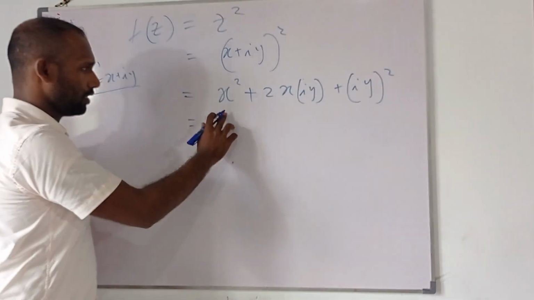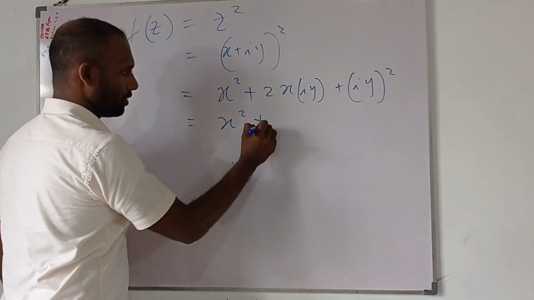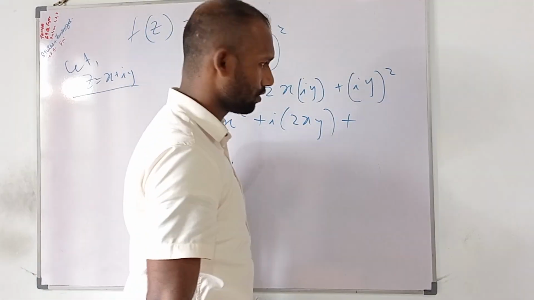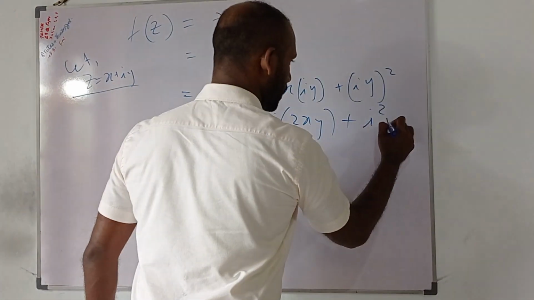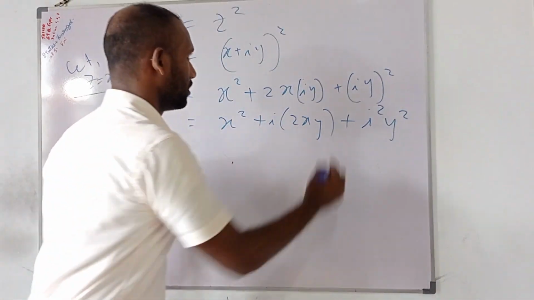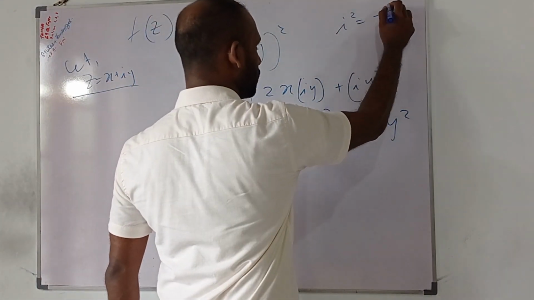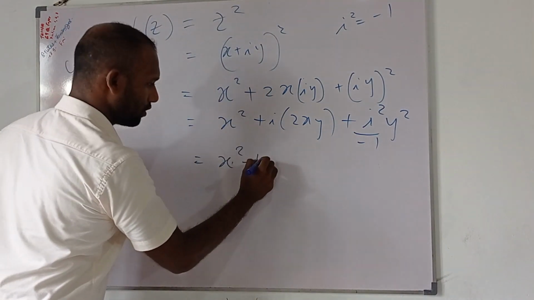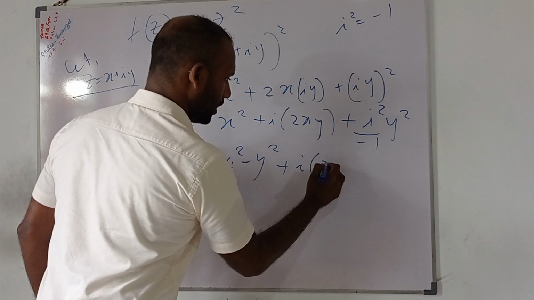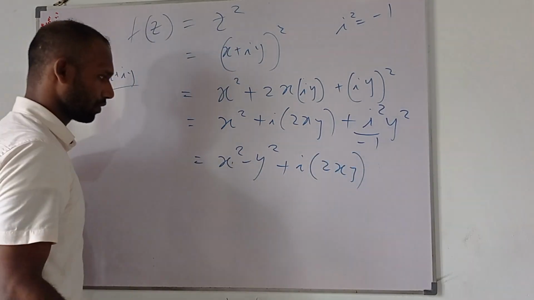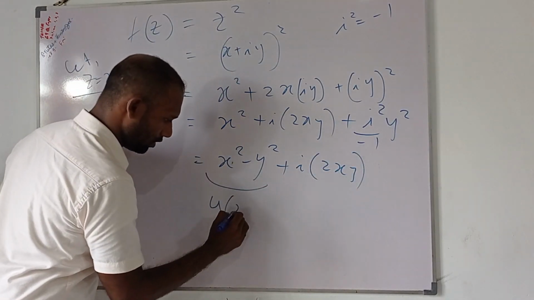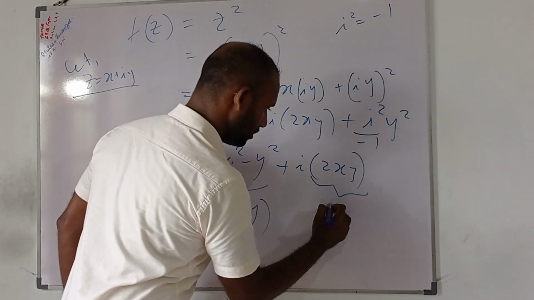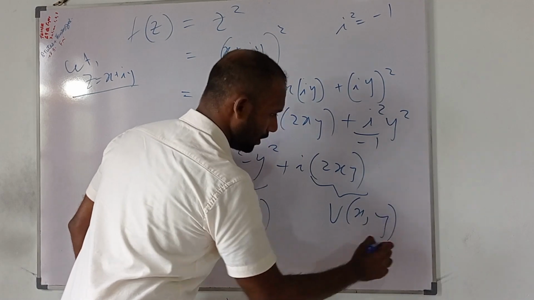So x squared plus i times 2xy plus i squared y squared. I squared equals minus 1. So x squared minus y squared plus i times 2xy. So this is u(x,y) and this is v(x,y).